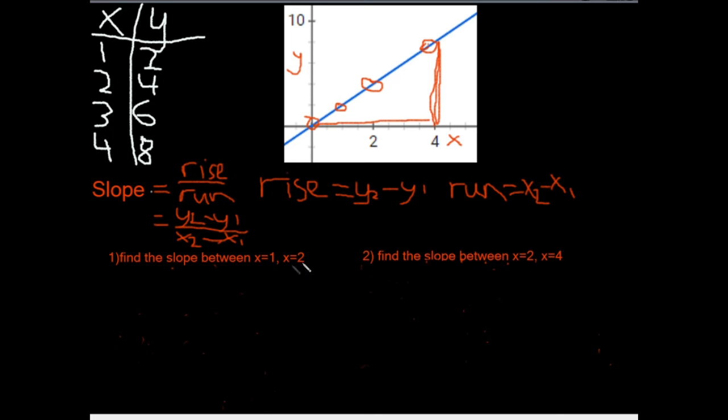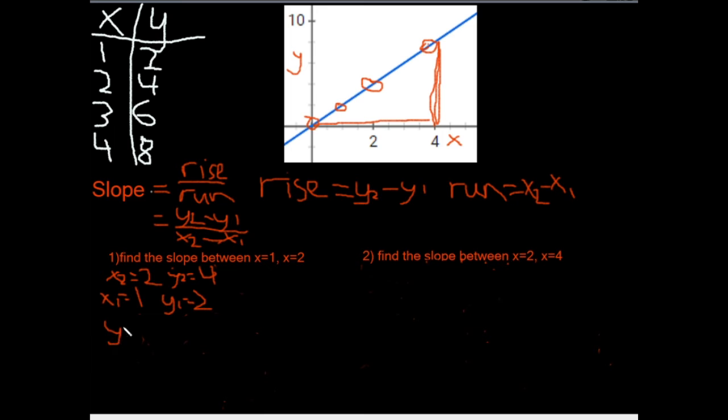So x2 here is 2. Now looking at this table, we know that the y value for 2 is 4. So y2 equals 4. Now x1 is 1 and y1 is 2. Okay, so now we have the formula here, or we can just plug in these numbers very quickly.